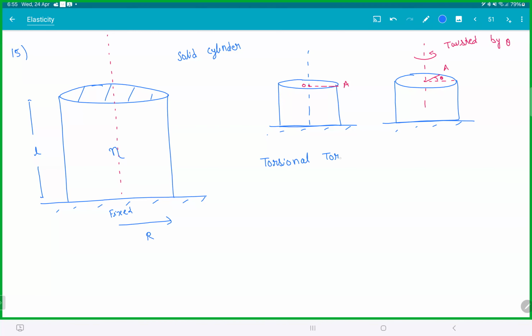Then I can ask you this also, find the time period for small oscillations. If it is twisted by a small theta and released, find the time period for oscillations. So torsional torque or twisting torque is applied on the upper surface, twisting the cylinder by angle theta.